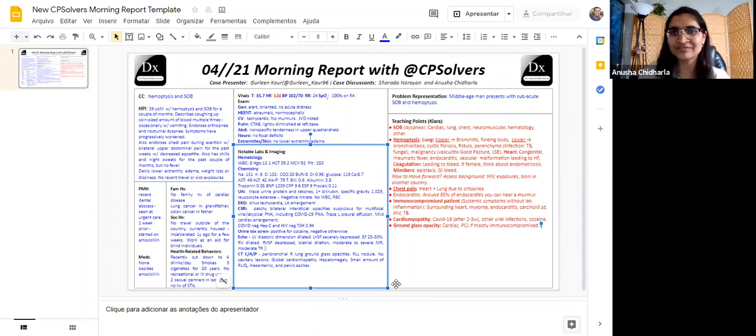We can always order Fungitell and also LDH and PJP. But right now I'm leaning more towards cocaine-induced cardiomyopathy in this young individual, which is causing him to have heart failure signs and symptoms.